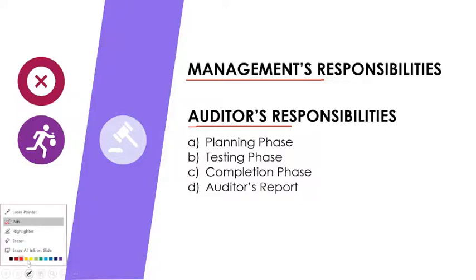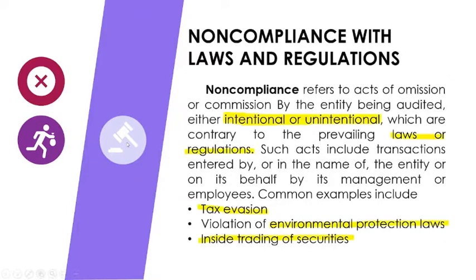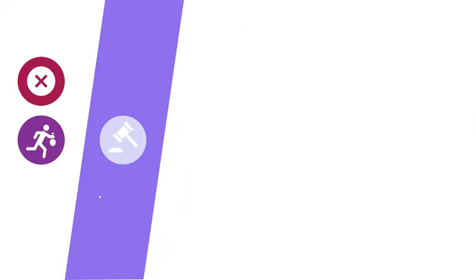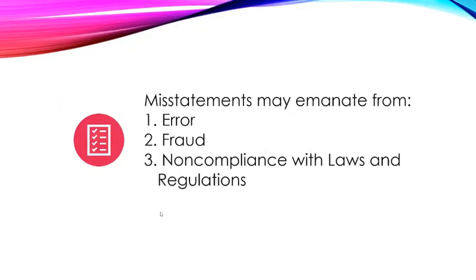As a recap, ato alang ron is your responsibilities. So your responsibilities again as an auditor is to give an opinion, and then you design an audit that will provide a reasonable assurance of detecting material misstatements either from fraud, error, and non-compliance.